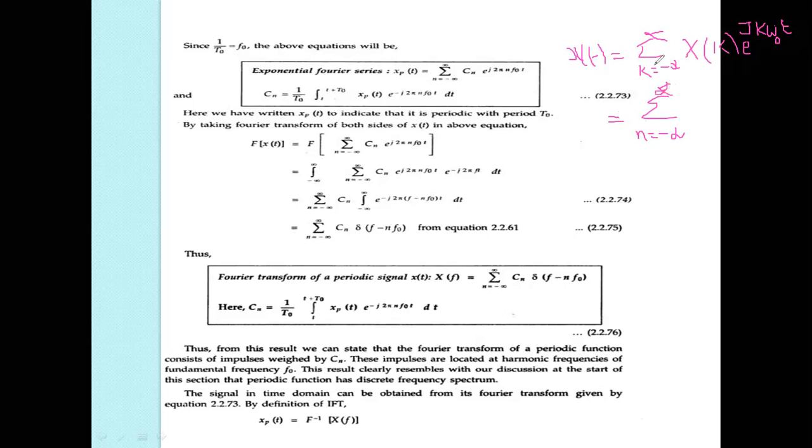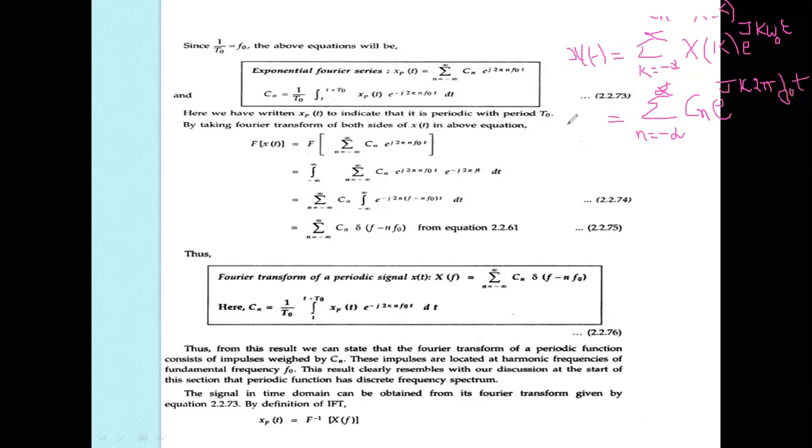Since they are assuming Cn is equal to x of k, I am changing the k values to n: Cn e power j omega naught t, where omega naught is 2 pi f naught.